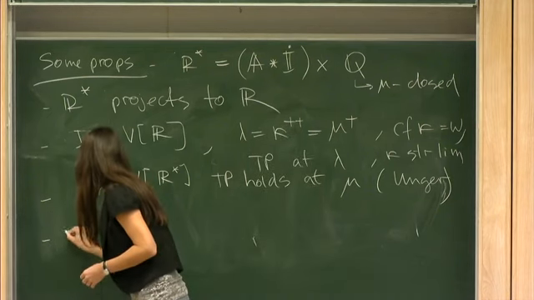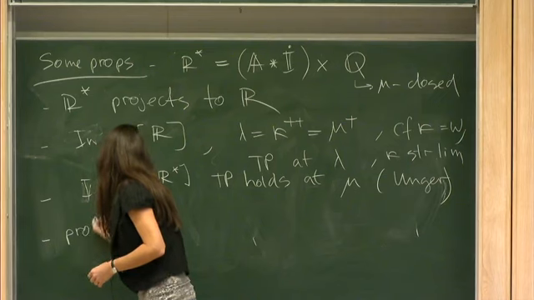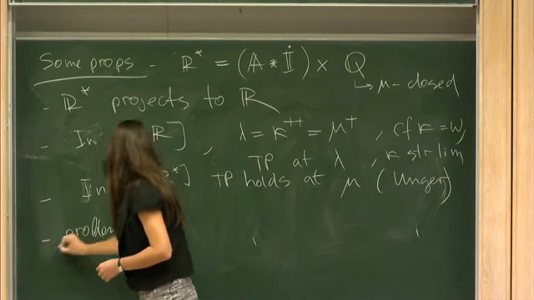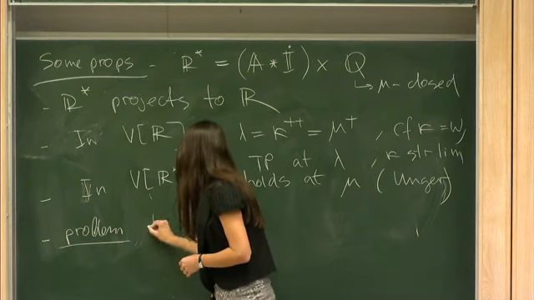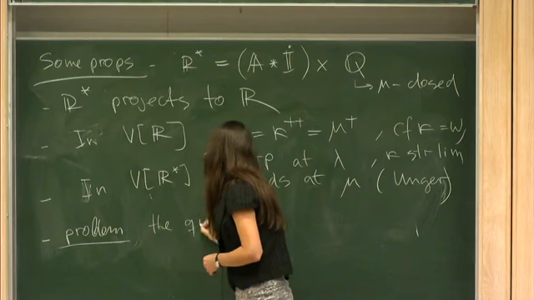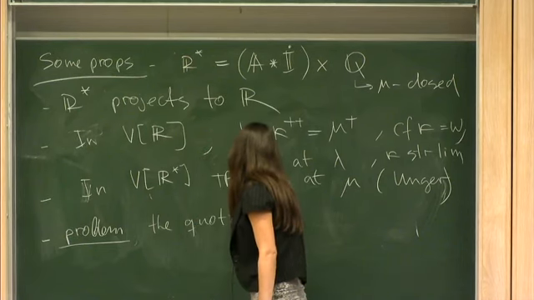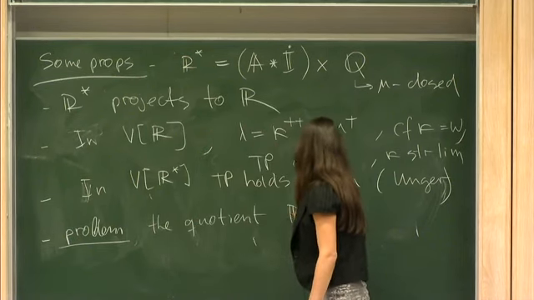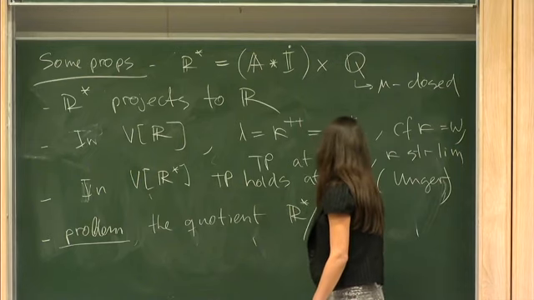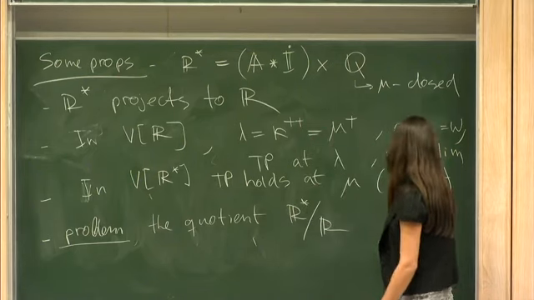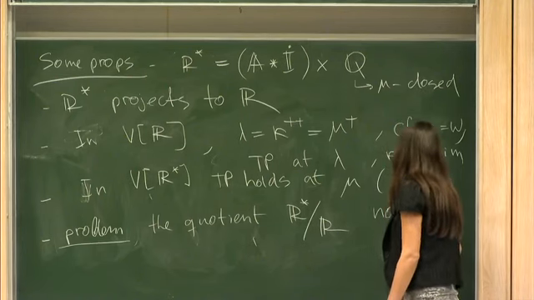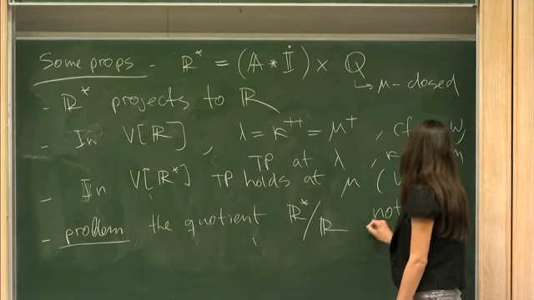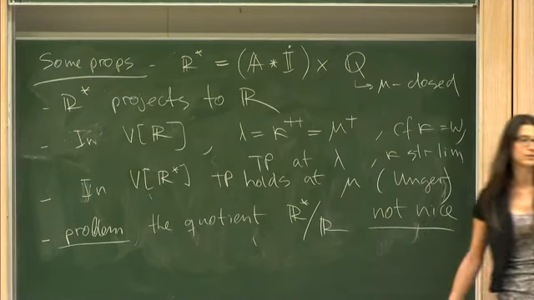So the main problem really, in all my time of working on this problem, is that the quotient R star mod R is really not nice, not amenable to any of those branch preservation type lemmas.